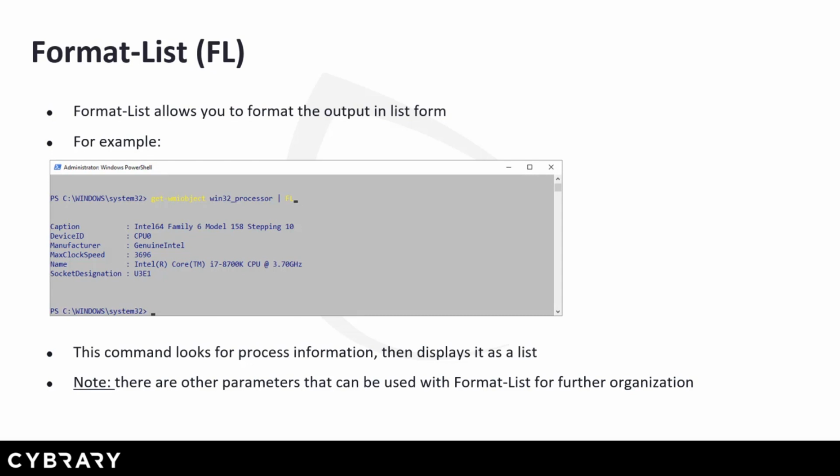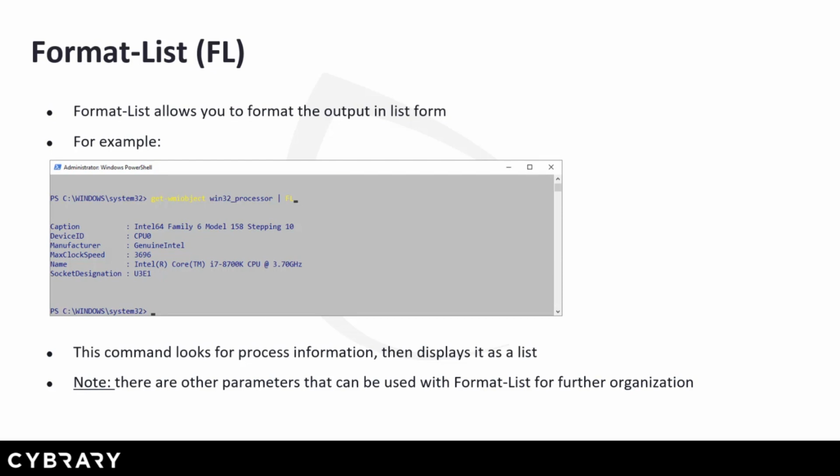Format-List is the next useful command. Format-List allows you to format the output in a list. So for example, here we have Get-WmiObject Win32_Processor, and we have formatted the list using FL. You can use Format-List, or you can type in just FL. Either works in PowerShell.